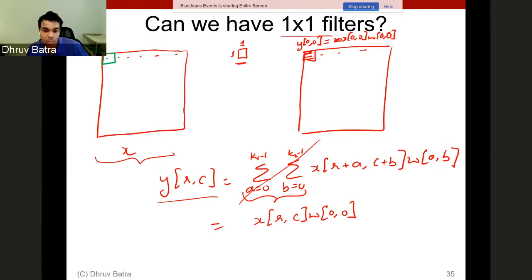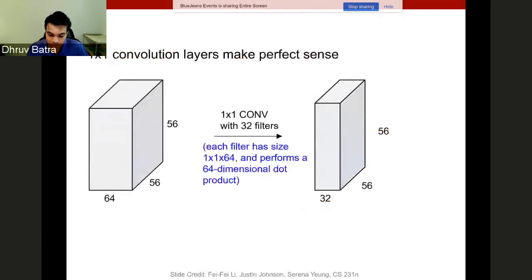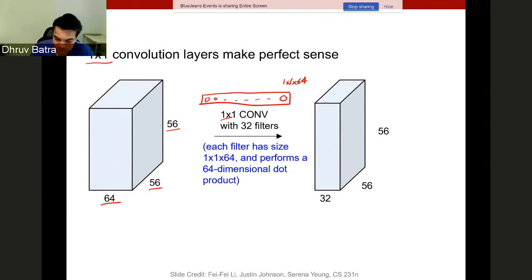But from a deep learning perspective, it is perfectly valid to define one-by-one convolutions. It is a lot of times useful to define one-by-one convolutions. And that's because one-by-one convolutions are just telling you about the spatial dimension. They are not telling you about the channel dimension. We have, let's say, a 56 by 56 by 64 dimensional input. When I say one-by-one convolution, what I really mean is I have 1 by 1 by 64 as the object that I'm constructing, and I'm drawing the third dimension horizontally, and so there's really 64 numbers in my 1-by-1 filter.